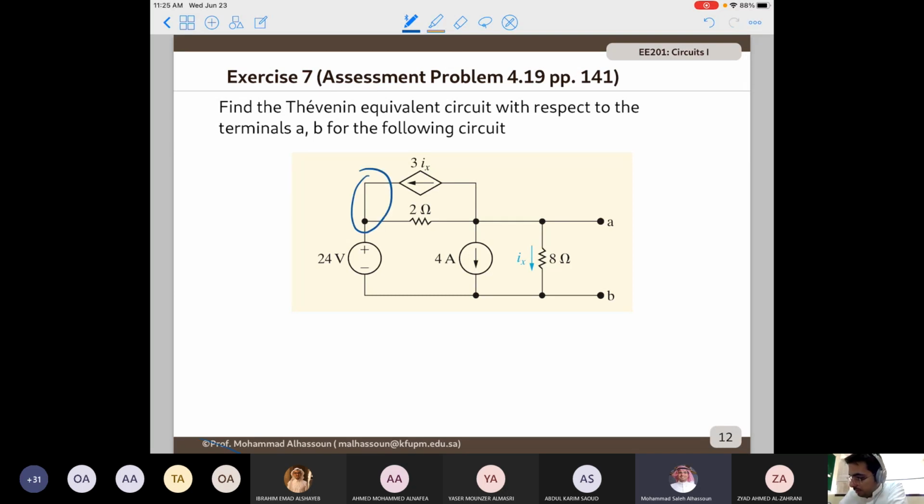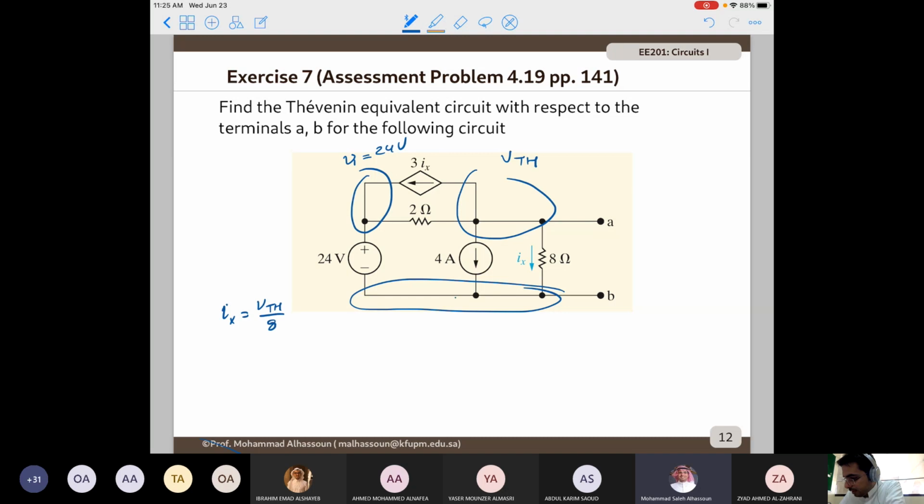So if we apply the node voltage method, we have V1, which we know is 24 volts. This one is 3Ix. And we know that Ix is simply V Thevenin divided by 8. So let's apply the node voltage method here and see what happens.